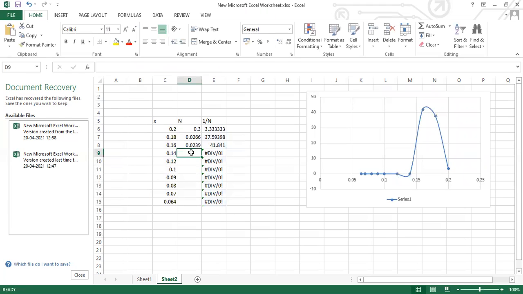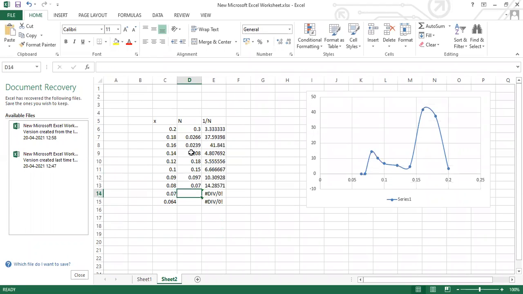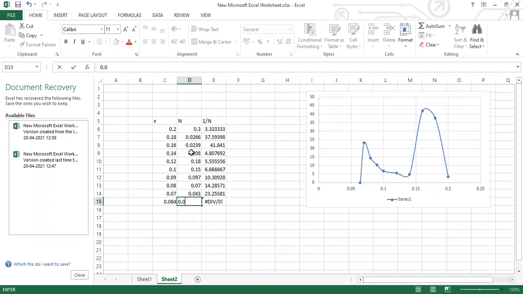So 0.0239, 0.208, then 0.180, 0.150, 0.097, 0.070, 0.043, 0.025.